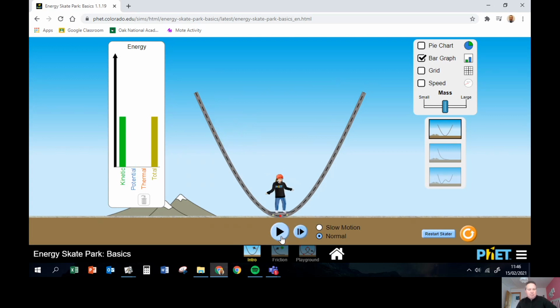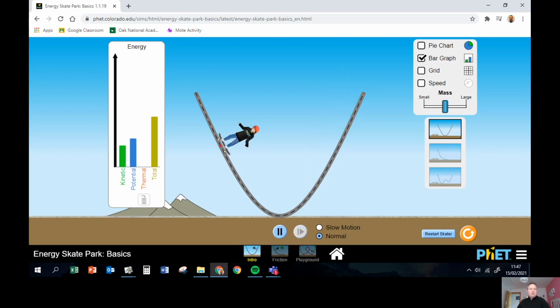By the time they get to the bottom of the ramp, when they're going their fastest, they have zero potential energy, and all of the energy is now stored in them as kinetic energy. As they go back up the other side of the ramp and start slowing down, their kinetic energy store starts decreasing, but their potential energy store starts increasing as they get higher up the ramp.